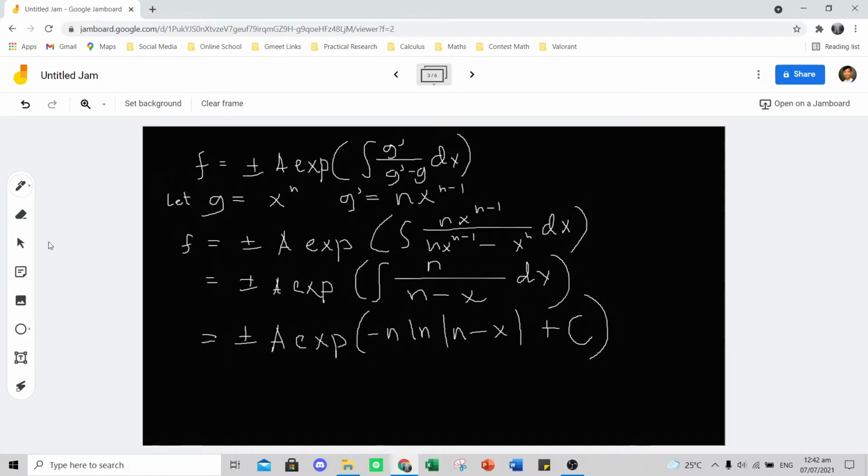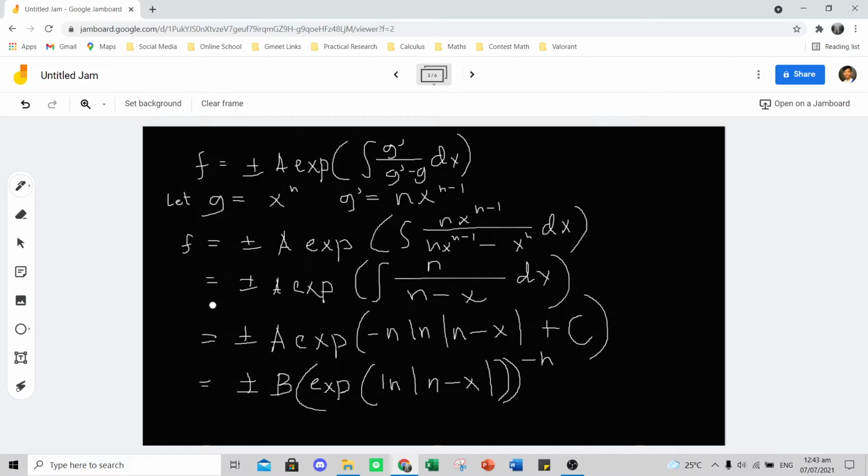But literally we can negate that plus c. So we can write the function, not really the final, as b times e to the power of ln of the absolute value of n minus x, and we can raise this to -n.